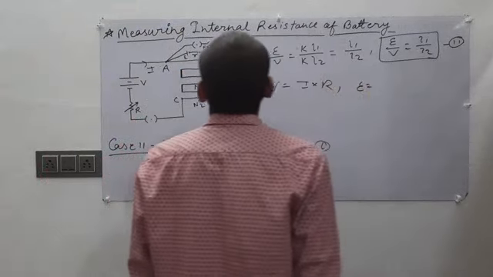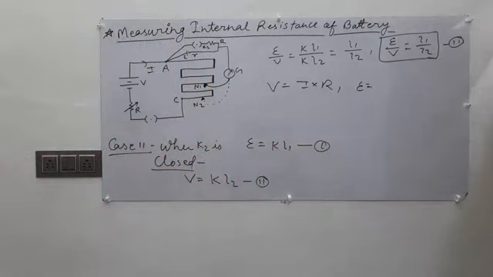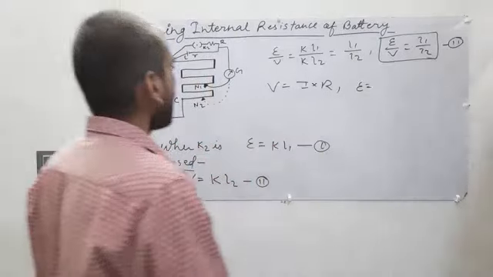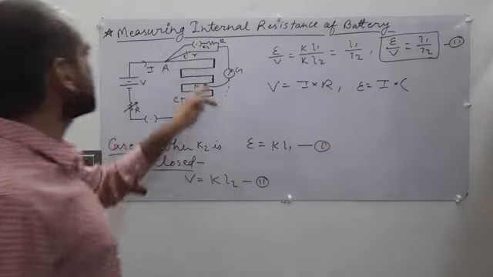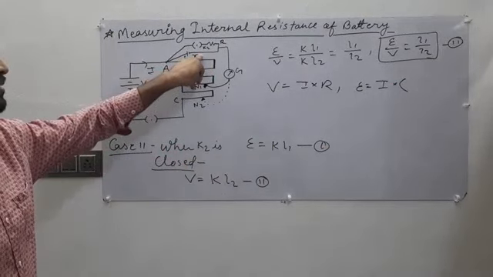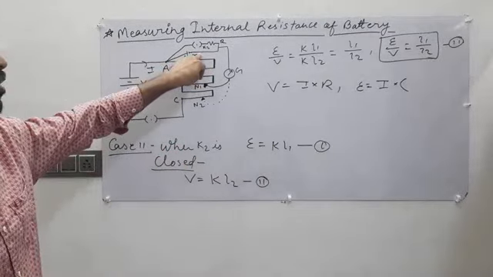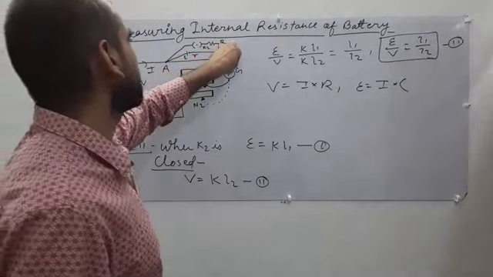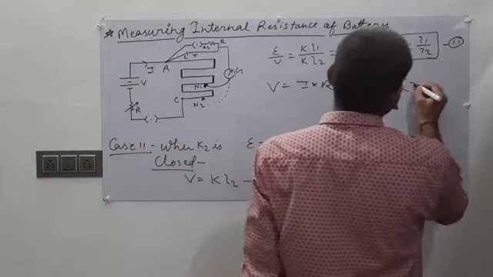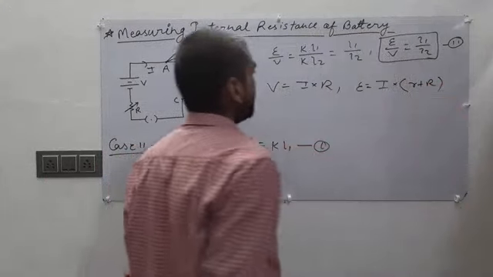E equals I into the resistance of the battery, which is small r, and the resistance of this circuit, capital R, that is I times (r plus R).